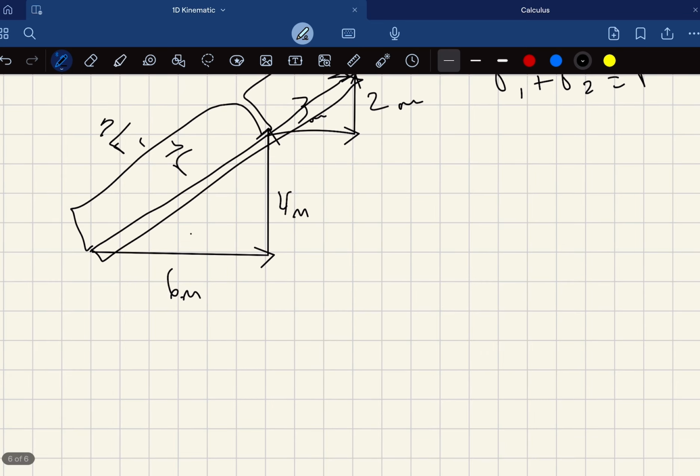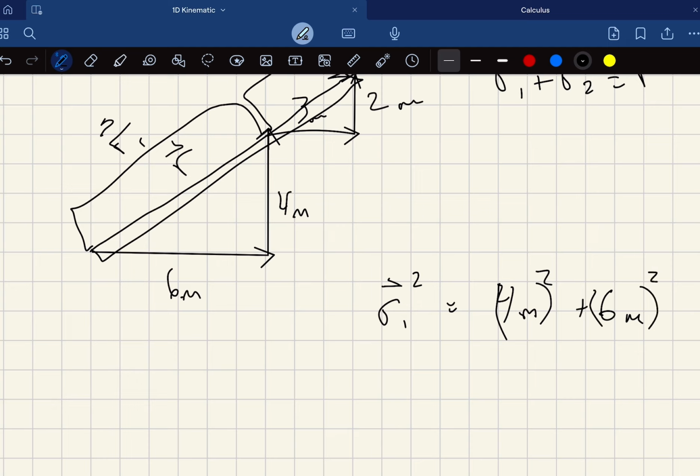So for the first part, we have R1 squared equals 4 meters squared plus 6 meters squared.